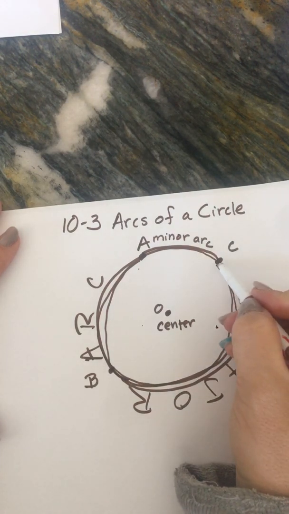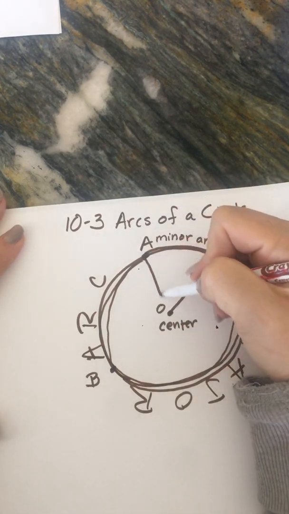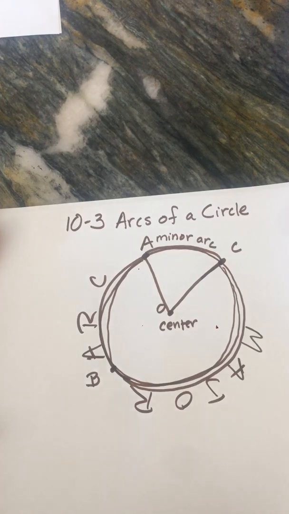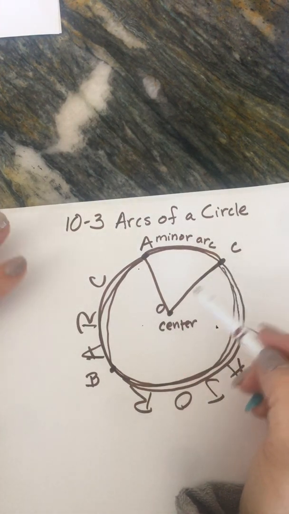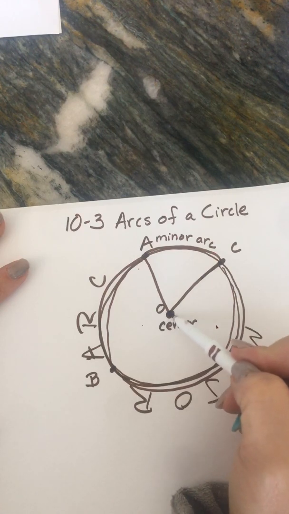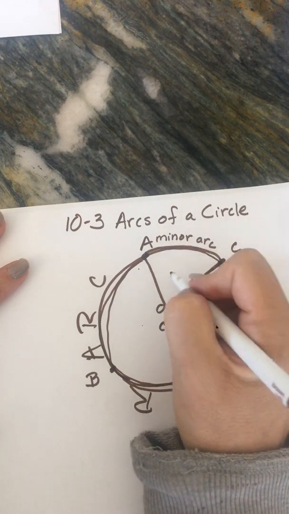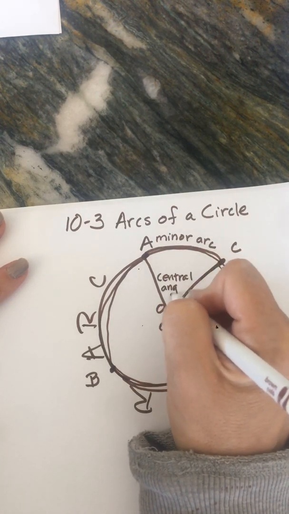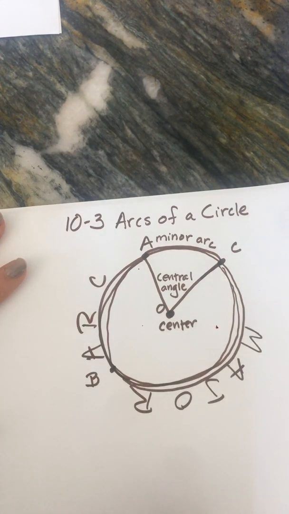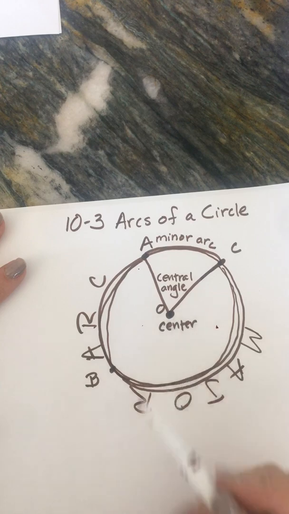All right, so let's say we draw in our radii here, O to C and O to A. And so that creates an angle. And this angle, since the vertex of the angle is located in the center of the circle, is called a central angle. So any angle whose vertex is in the center of the circle is a central angle.